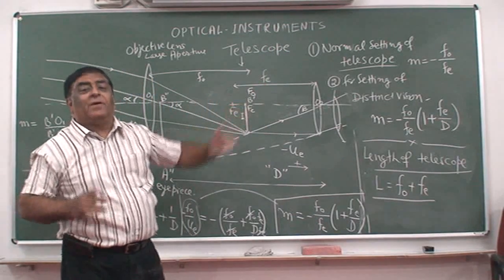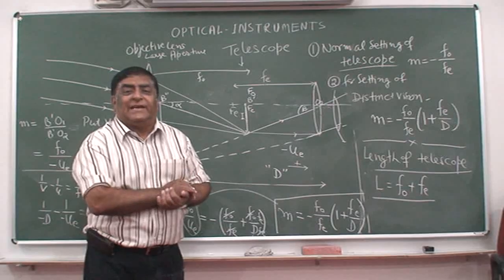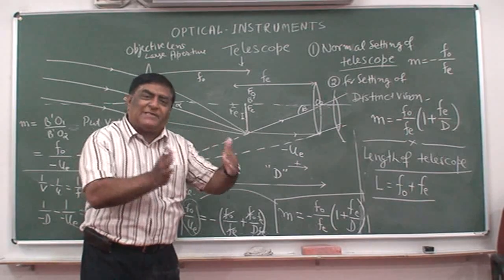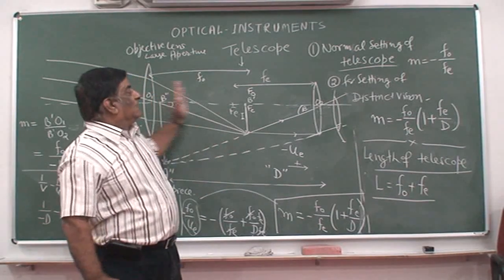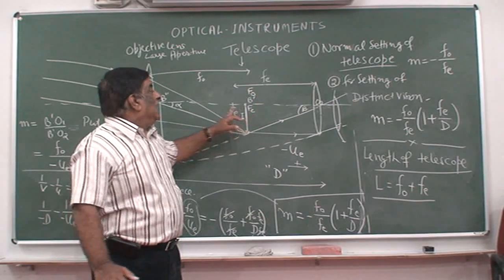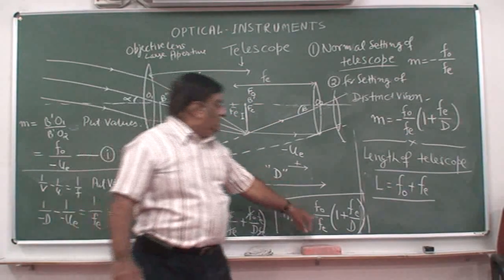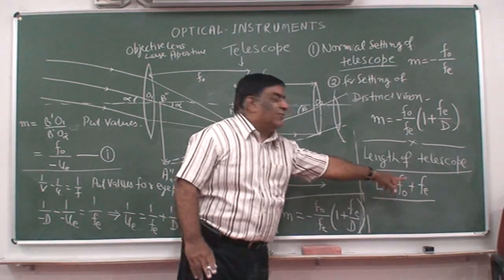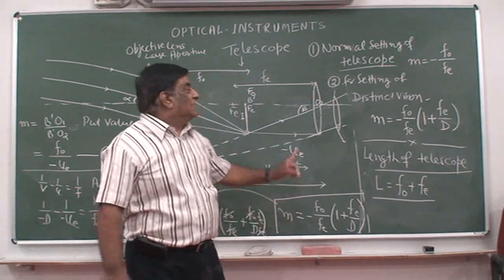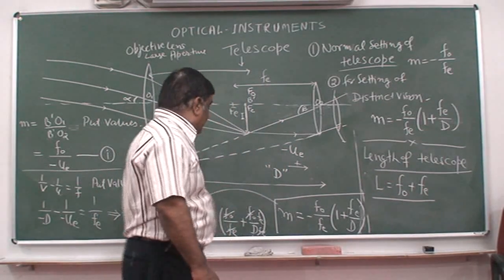Therefore, we had to use a pipe, but then it becomes inconvenient. So we have to put a limit somewhere. The length is taken as limited length, and after a definite length we fit it. So the length has to be FO plus FE. This is about length of a telescope.